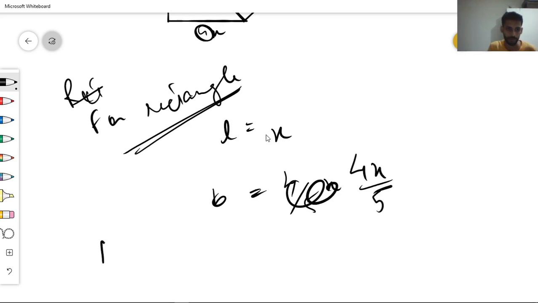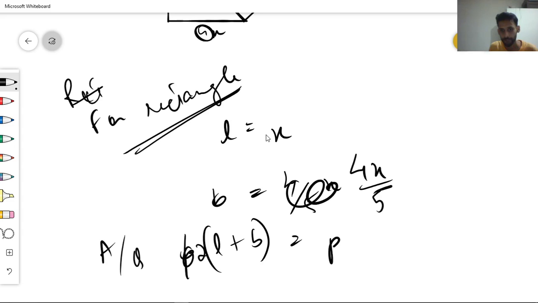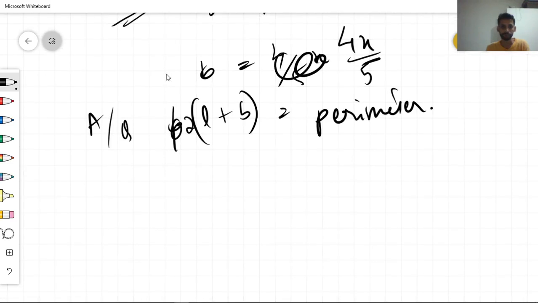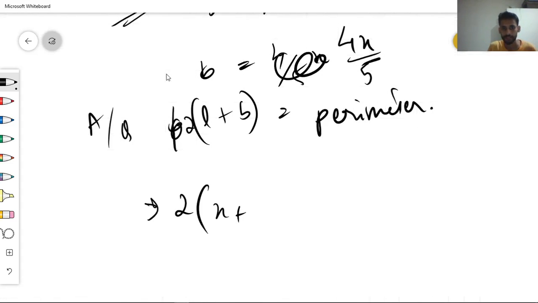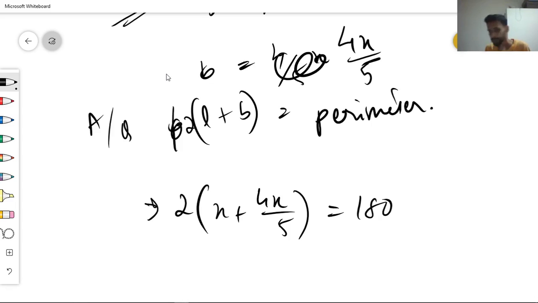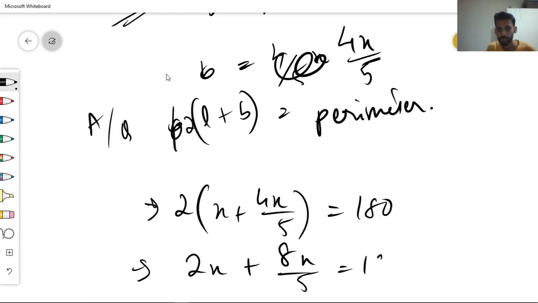Now according to the question, twice into (L plus B) is equal to the perimeter. So twice into (x plus 4x by 5) is equal to the perimeter given, 180. Okay, so now it will be twice x plus 8x by 5 is equal to 180.